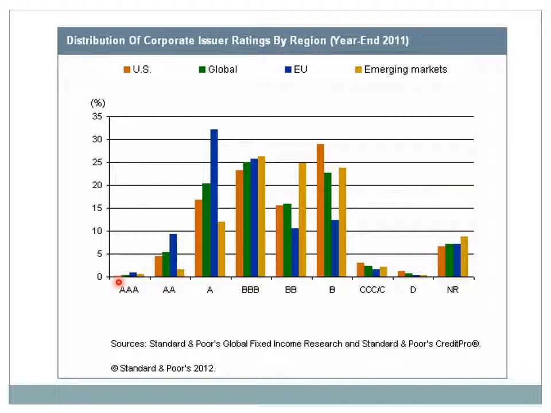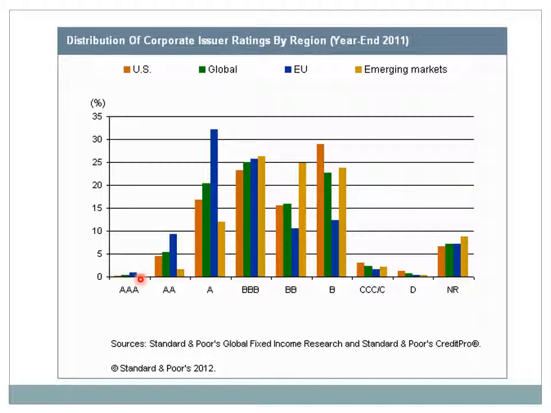We don't have a lot of those. Globally, still very small. The European Union tends to have the most. They tend to be more lenient with bond ratings, and then emerging markets kind of vary.